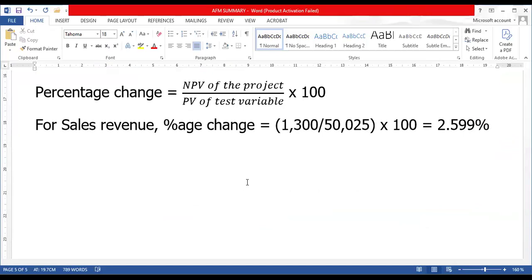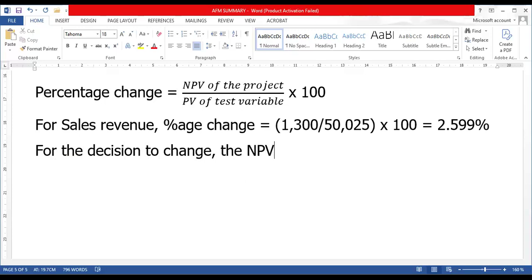We need to look at the change in the sales revenue. For my decision to change, the previous NPV must become 0 or become negative.